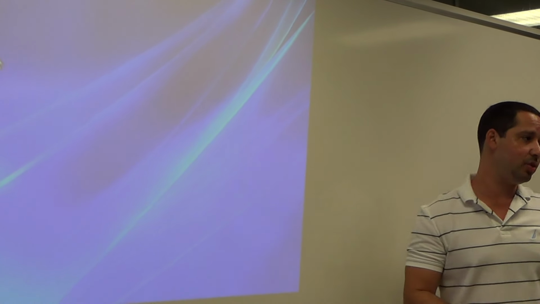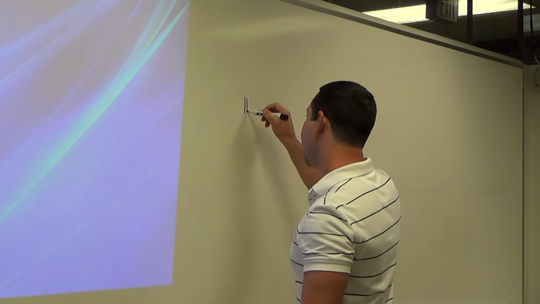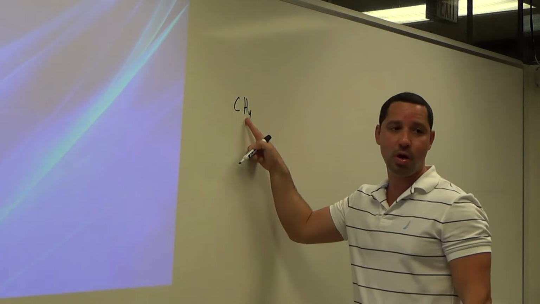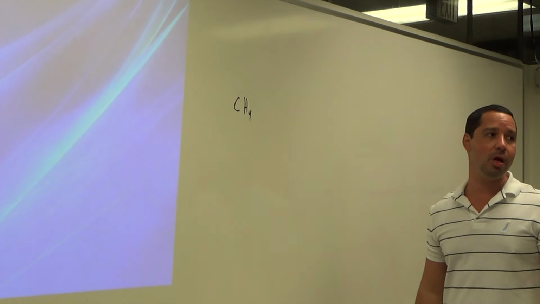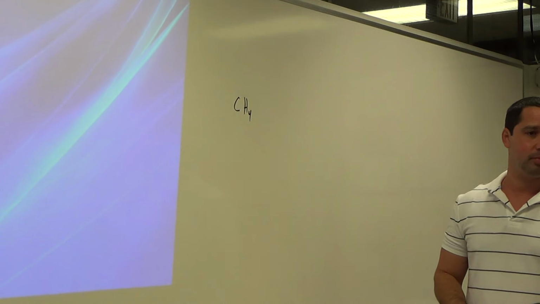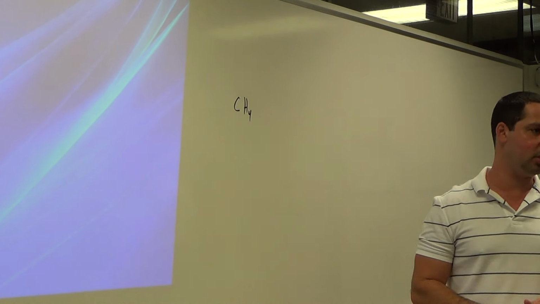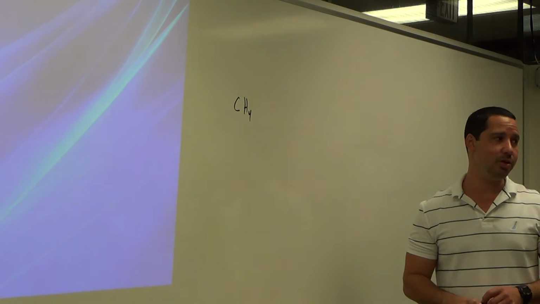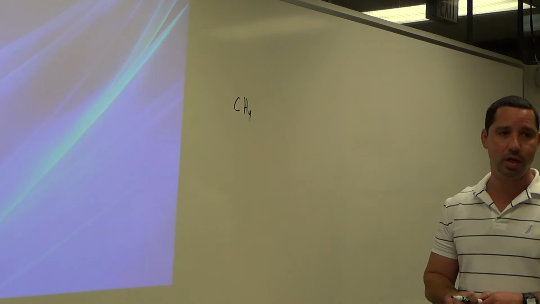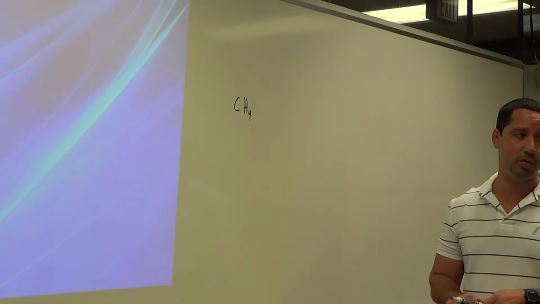Oxidation number of hydrogen, but not hydrogen elemental form, right? Will always be +1. So hydrogen next to something else will always be +1, except when bonded to a metal, in which case it will be a -1. I'll try to stay away from this -1. So whenever you see hydrogen, it will be +1 in general or 0. Okay? In general, I'm not saying I'm not going to give you -1.